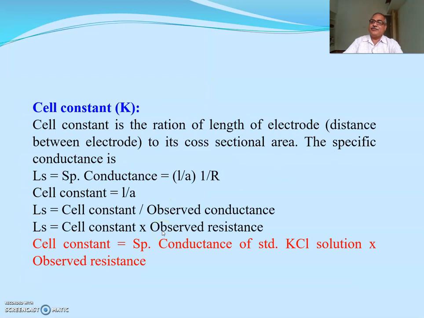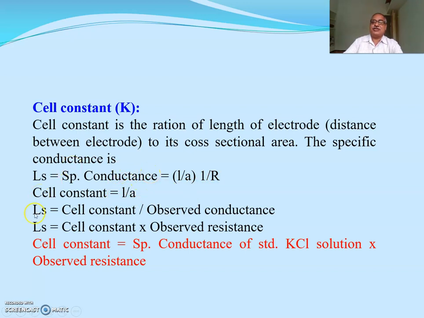Each cell has a definite cell constant, which is the ratio of the length, or the distance between the electrodes, to the cross sectional area, or the contact surface area, of the electrode. Specific conductance is L by A times 1 upon R, where L by A, the length over the surface area, is known as the cell constant.